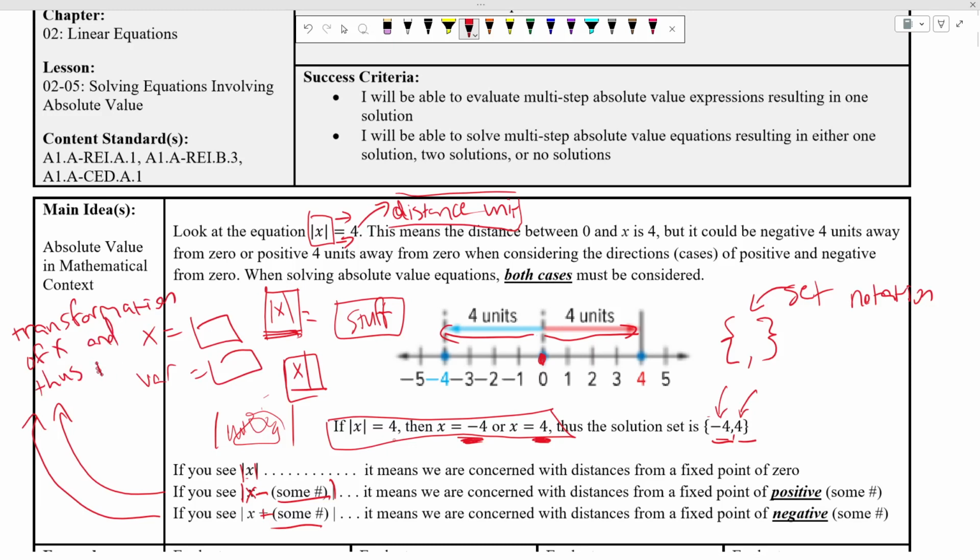and thus the starting position or fixed point. Okay, now I don't necessarily want you to really memorize this yet.